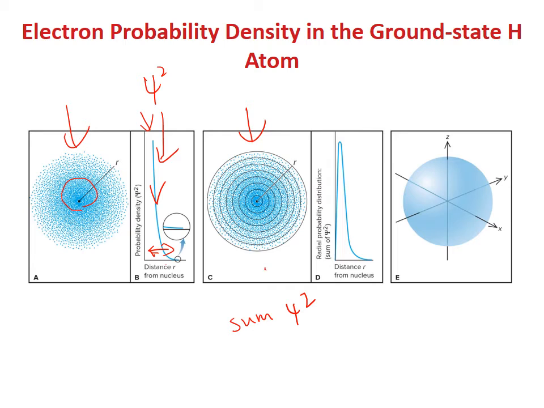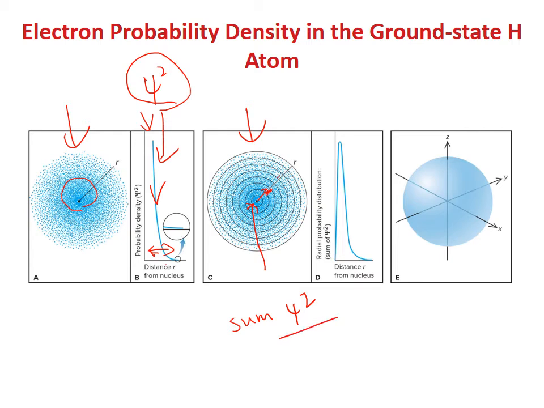Close to the nucleus, we have very high psi squared, but the volume is so small that the sum of psi squared is a very small number. When distance increases, the layer volume increases, so the sum of psi squared increases.